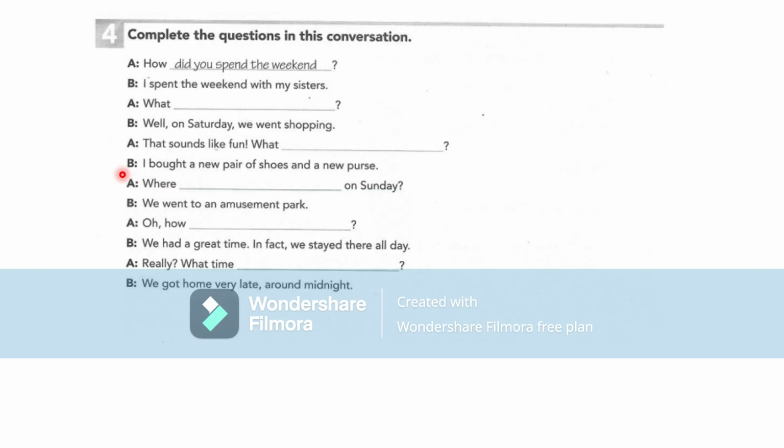Okay. Next, went to a baseball game. Did Andrew go to a baseball game? The game was canceled because of the rain, so he didn't go to the baseball game. And the last one is spent time with family.